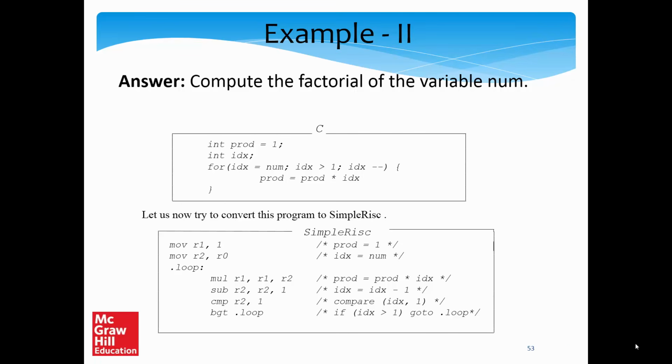Now let's move on to a more complicated example, and this is a genuine assembly program in the sense that it has most of its features. So let's compute the factorial of a variable called num, which is as specified in the C program over here. To write a program in assembly language, let us maybe add a step 0.